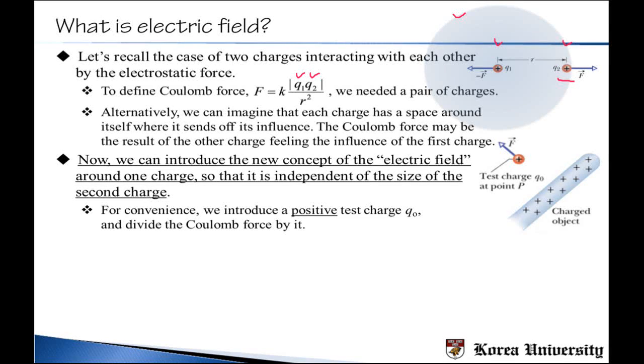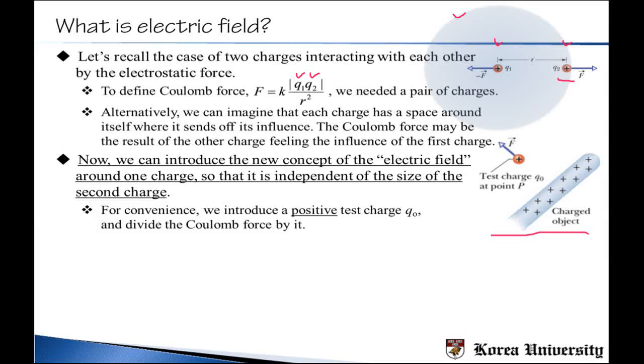So now let's describe it using mathematics. In order to do that, let's think about a positive test charge Q0, just like in this figure. Q0 is located at some distance from the other charged object and is feeling the Coulomb force.